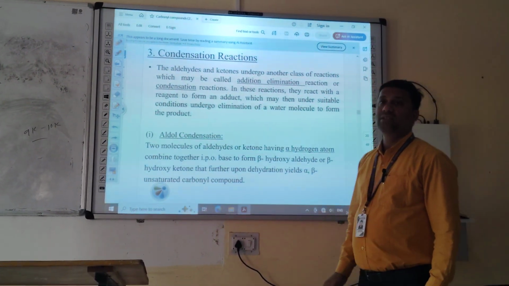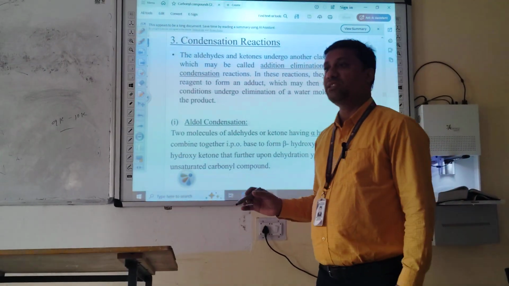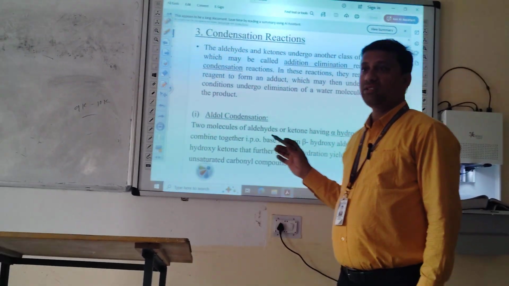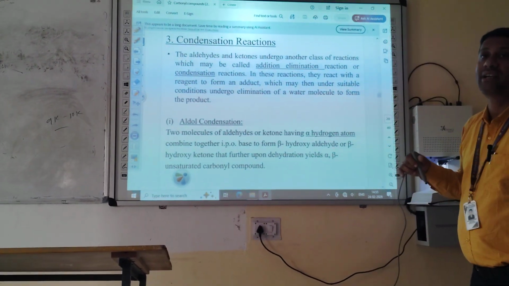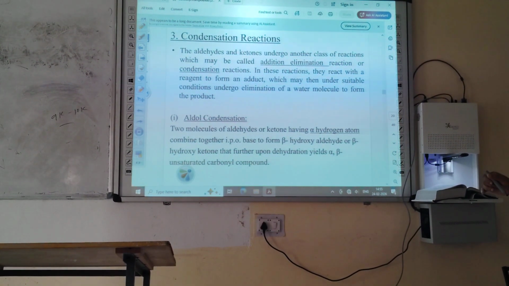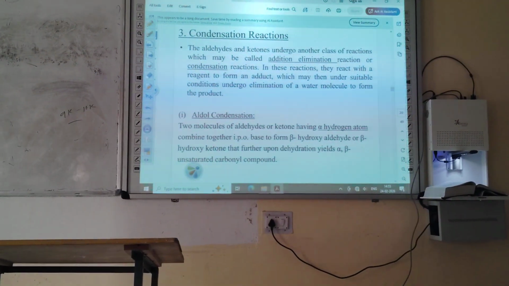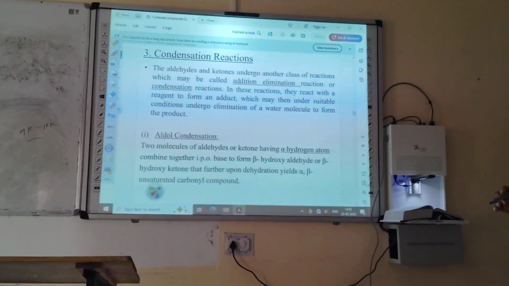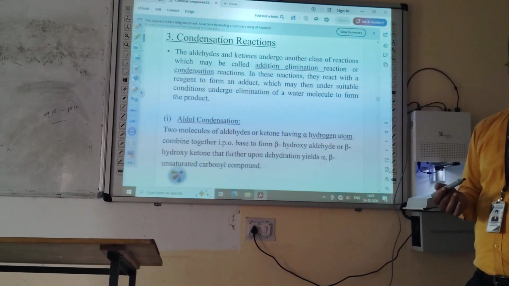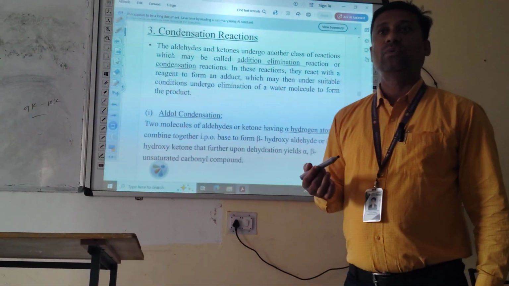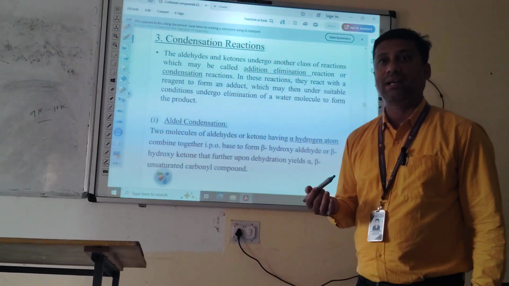Then condensation reaction. Reduction reaction finished. What is a condensation reaction? Aldehydes and ketones undergo another class of reaction which may be called addition-elimination reaction. First the addition reaction takes place, then elimination of water takes place.